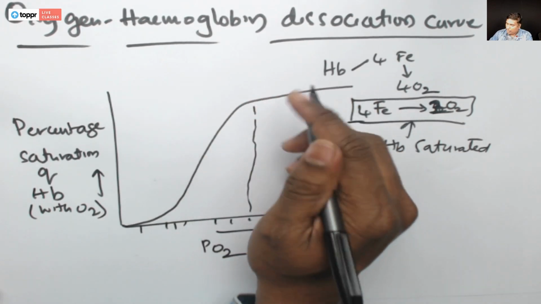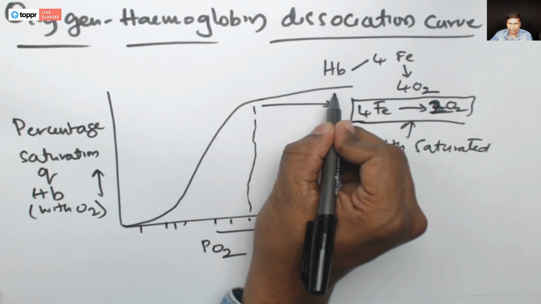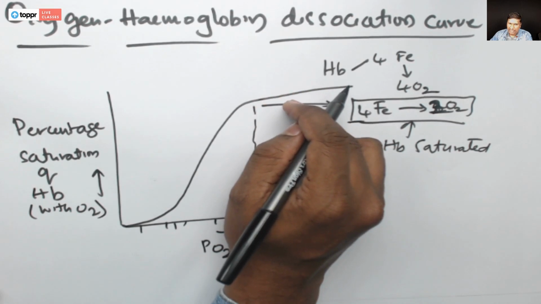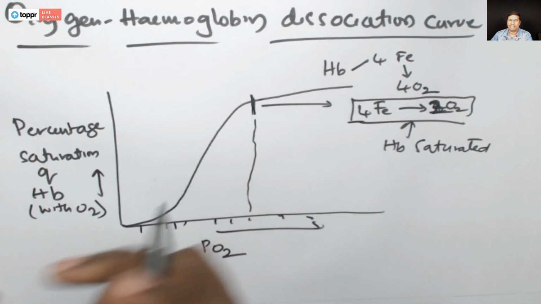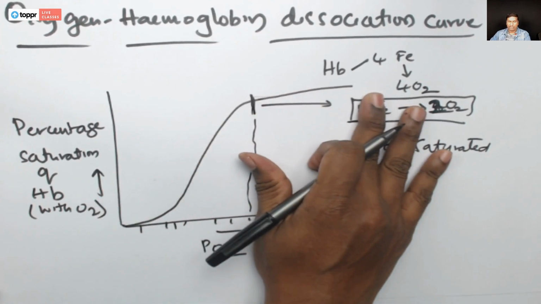Beyond that point, even when you give more and more oxygen, you will see a plateau. Increasing oxygen concentration will not make any difference because all the hemoglobin molecules in the RBC are already saturated at this particular point. So all of them are saturated, so increasing the oxygen pressure will not.